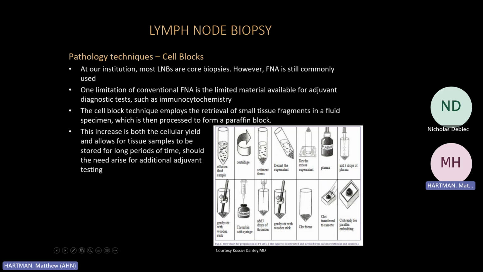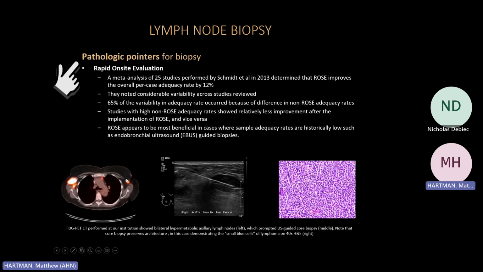The pathologists will use both of these methods to make the final diagnosis for the lymph node. Again, trying to say, is this a lymphoma? Is it metastasis? Or is this just reactive? This was one of our first cases from tumor board, if you remember, the FDG avid lymph node, do our biopsy, and this was a case of lymphoma.